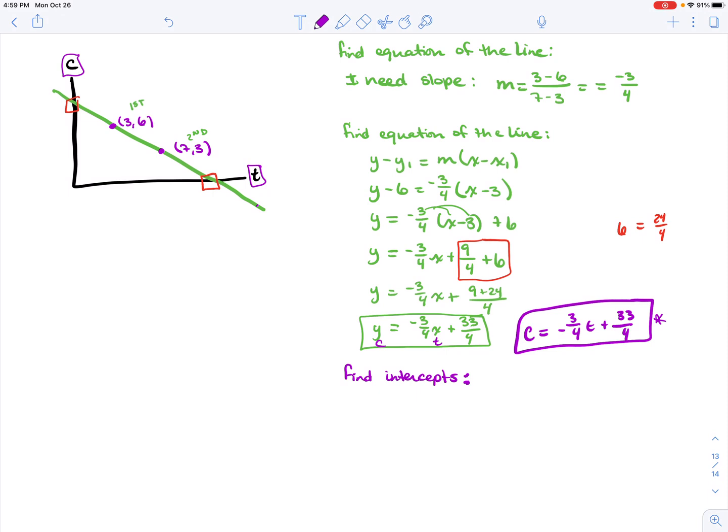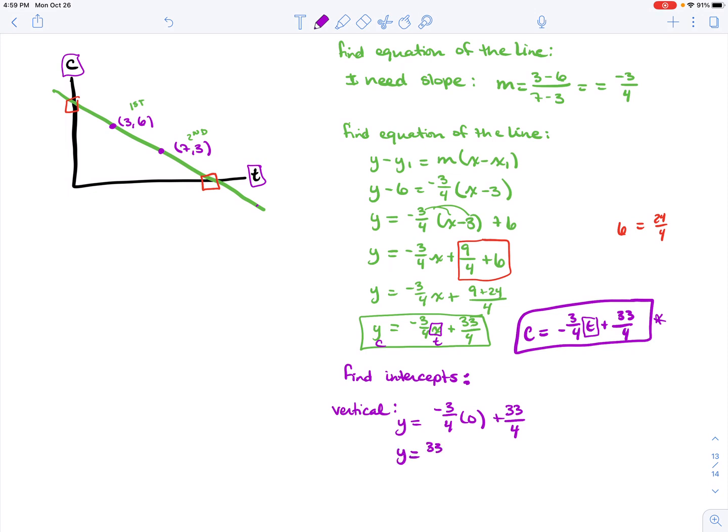So let's deal with these intercepts. So of course, the vertical, we have to set our independent variable to 0, so that's going to be this one here. So I'm going to stick with the y's and x's, so I'm going to make my x here 0. So I have y equals negative 3/4 times 0 plus 33 over 4.